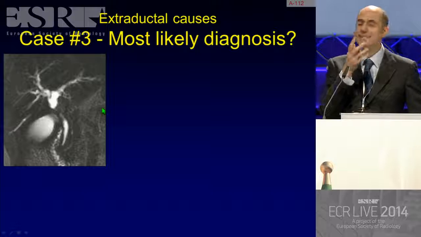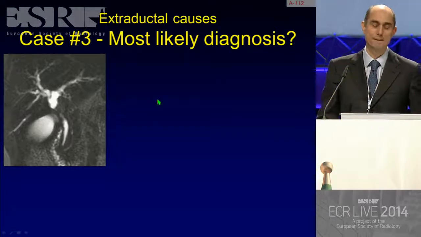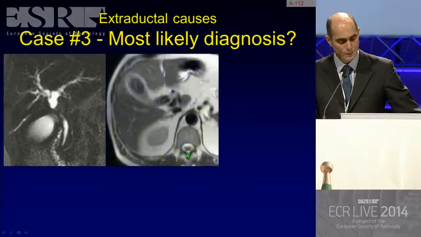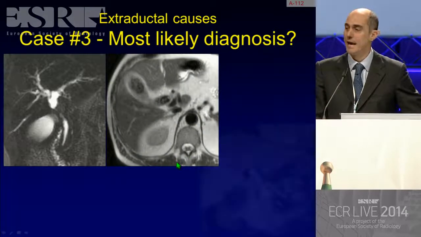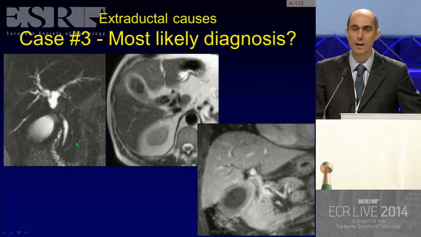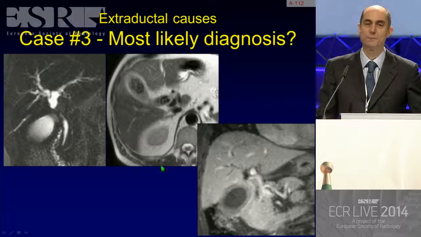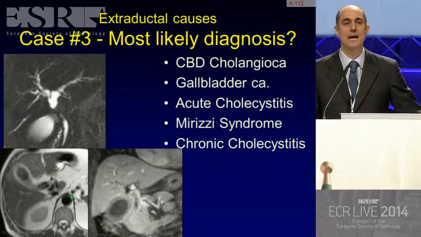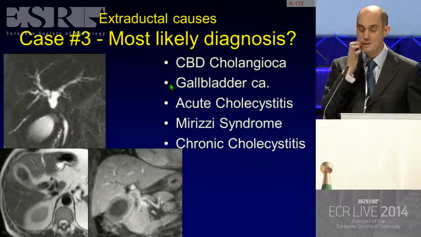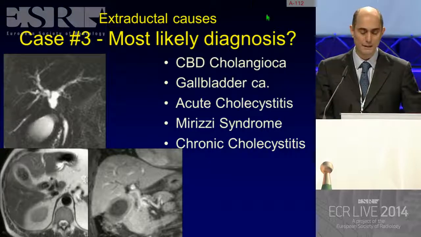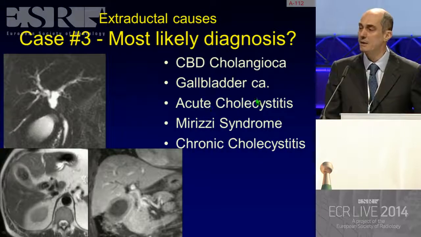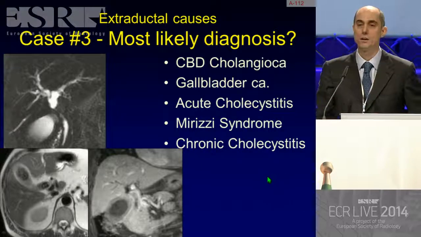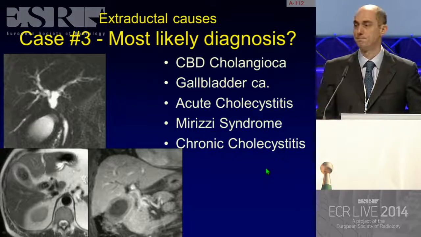But now this is another stenosis. What do you think? This is a coronal MRCP, then we have an axial T2 weighted, and then we have a coronal T1 weighted fat suppressed after gadolinium chelates administration. What do you think is the diagnosis here? Is this common bile duct cholangiocarcinoma, gallbladder carcinoma, acute cholecystitis, Mirizzi syndrome, or chronic cholecystitis?